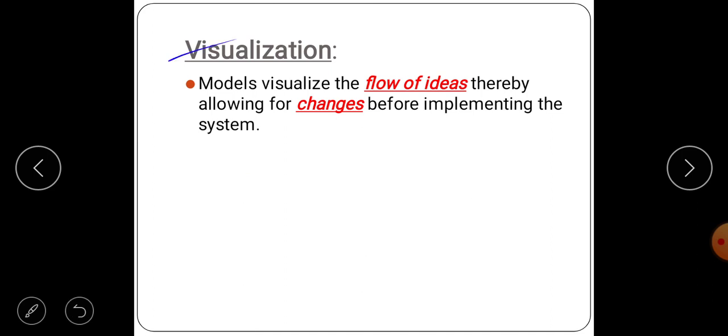Okay, next, visualization. A model visualizes the flow of ideas, thereby allowing for changes before implementing the system. Means we can see the flow of ideas in the model, therefore allowing for changes before implementation. What is the use of this visualization?